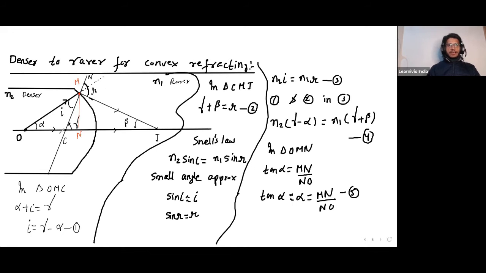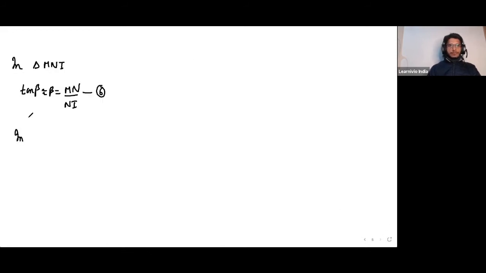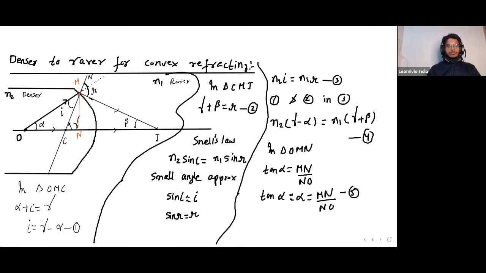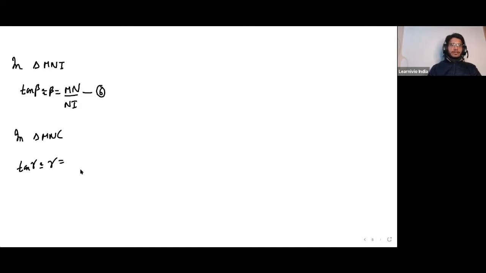Similarly, I can take triangle MNC. How much is tan gamma? Just tell me quickly. It's MN by NC, right? Tan gamma is gamma, which is MN divided by NC.